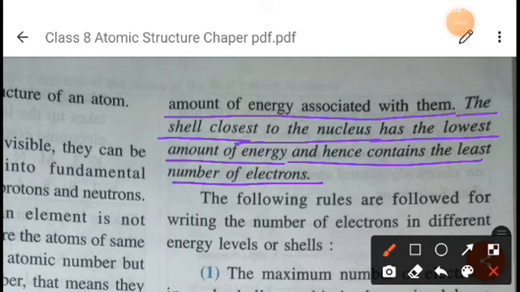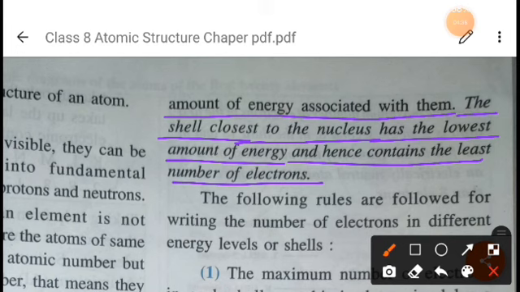This is why it is happening: since this first shell, the K shell, is very close to the nucleus, the energy of this shell or orbit is very less, okay? And since the energy of this shell is very less, the number of electrons is also very less, right?